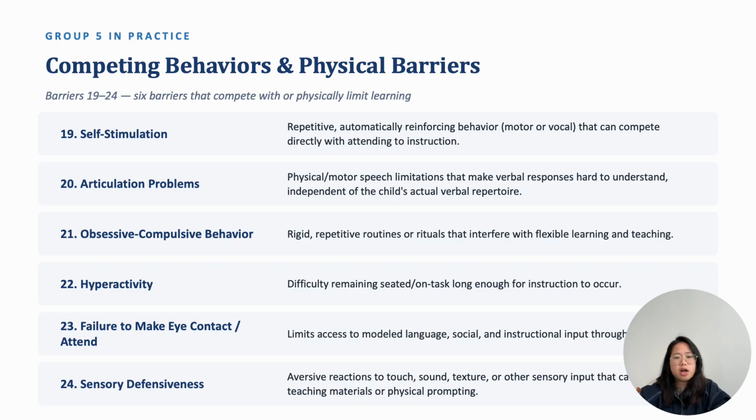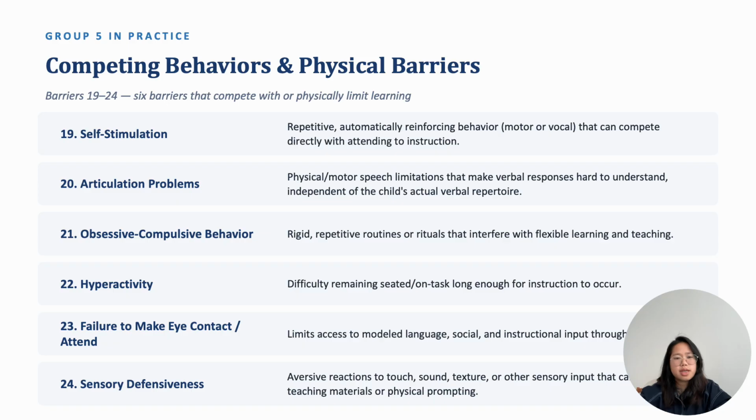And we have articulation problems, or physical or motor speech limitations that make verbal responses hard for a listener to understand, entirely separate from whether the child's underlying verbal repertoire is actually there. The next one is obsessive compulsive behavior, which refers to rigid, repetitive routines or rituals that interfere with flexible learning and teaching.